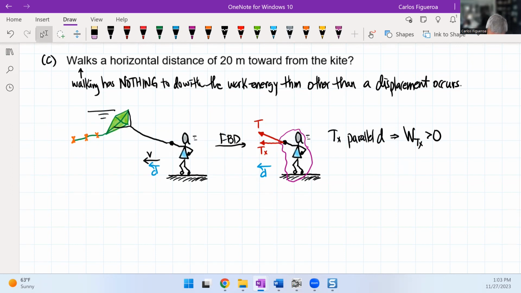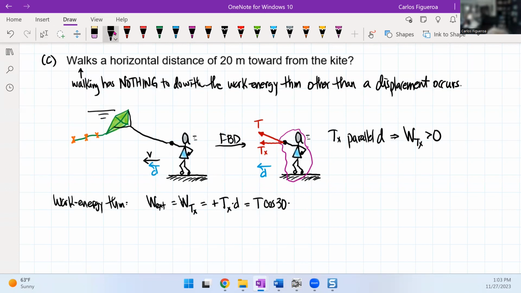So then we start our calculation, and the work energy theorem says that if I have external work, and in this case it's the work of the tension, which gives me positive work, force of Tx times the displacement, then this quantity is going to be T cosine of 30 times D. And again, the only difference here is that the displacement in this situation is larger.